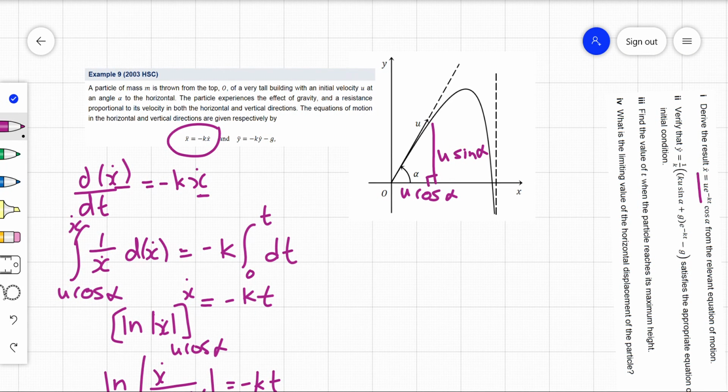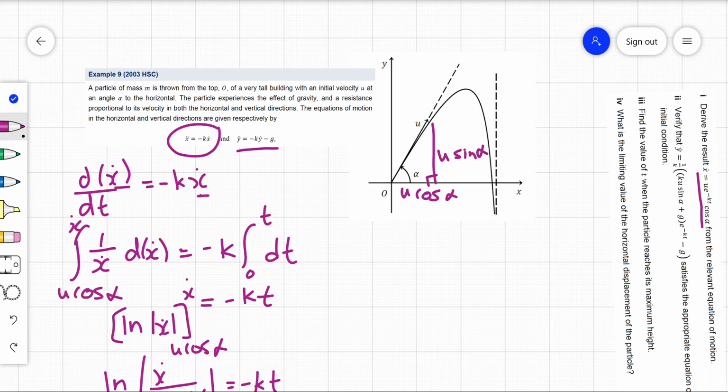All right, so part 2, we have to verify that y dot. So this is what you're used to with exponential equations when we did rate of change things. So what we do is we differentiate y dot and get y double dot, and we express it in terms of y dot. Do you vaguely remember that?